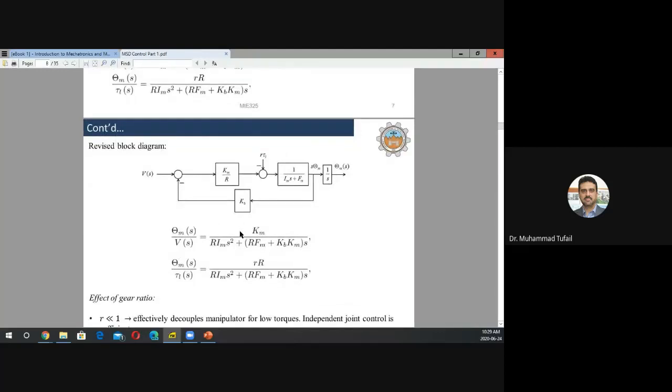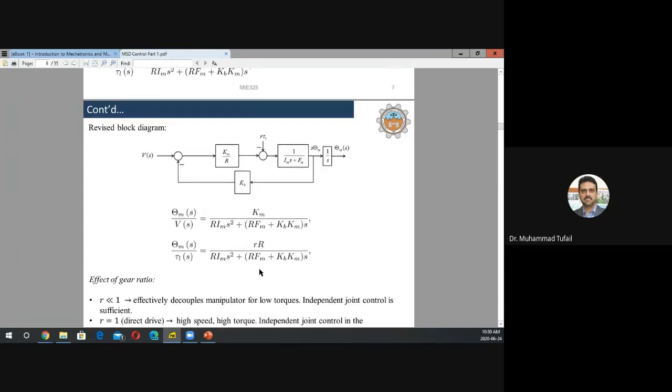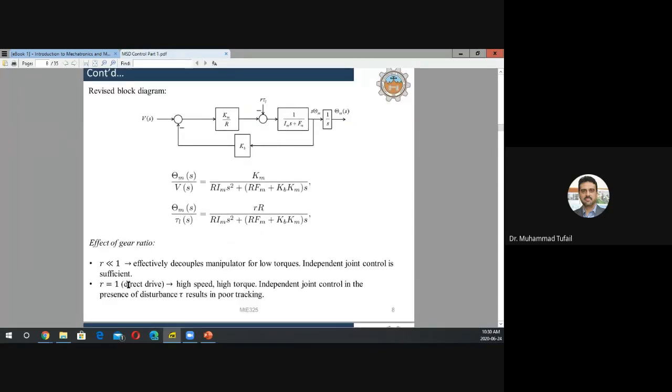Okay, let's say we got these. It's a second order transfer function, I can tell from the denominator of the system. And what is the effect of the gear ratio? If you look at the gear ratio, it appears over here, and it is way less than 1.